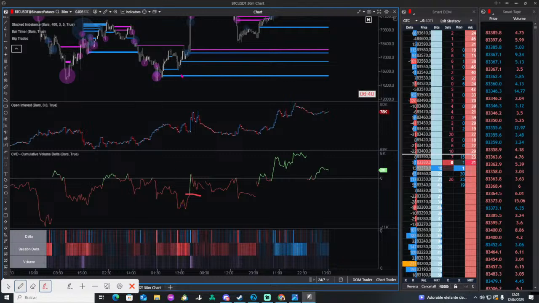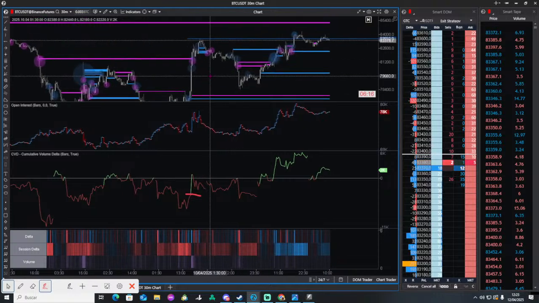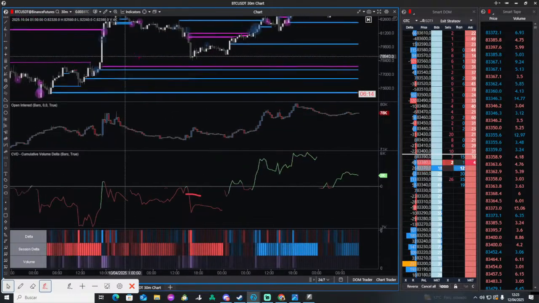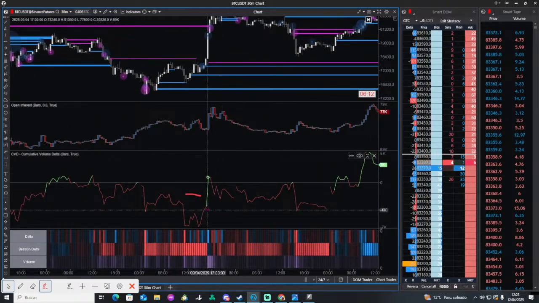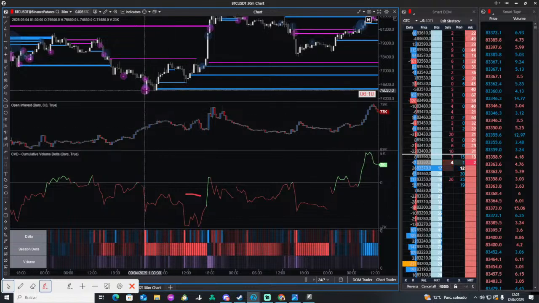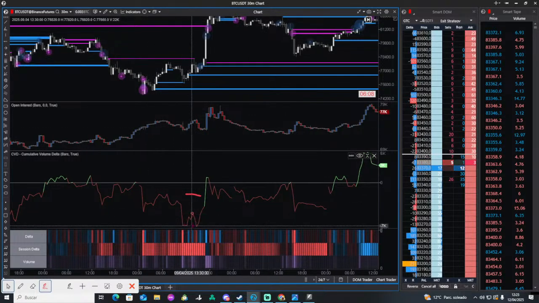And what happened from this div, when price got here, market order, broke its own high, you have your momentum trade, and your invalidation is here. Then however long you want to hold this trade, you hold. But here you have your div. CBD reacted.